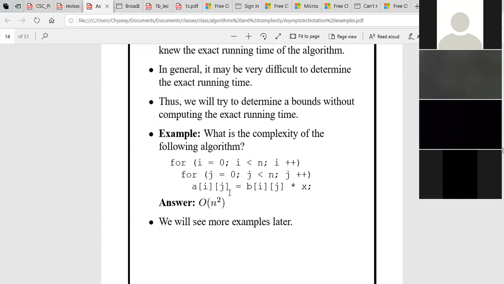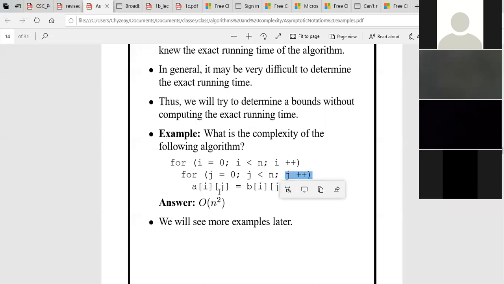So now the next level we'll go to is that we will look at the complexity of an algorithm, and this is quite simple. If you look at the first expression that tells you about the state of i, then you know that i is less than n, then this i increases. Same applies for j, and j also increases.